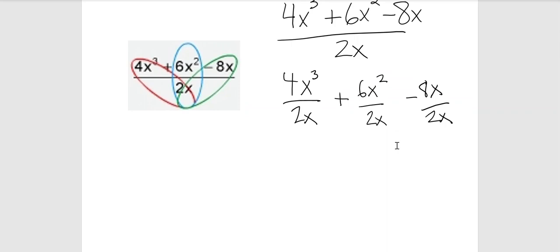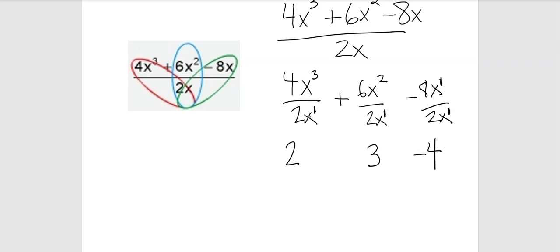You divide the normal coefficients. So I can go through here and say 4 divided by 2 is 2, 6 divided by 2 is 3, negative 8 divided by 2 is negative 4. So I know what my coefficients are by dividing. And then when I'm doing my variables, keep the base and subtract the exponents. Where I don't see an exponent, go ahead and fill in a 1.